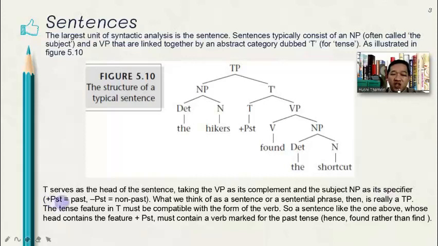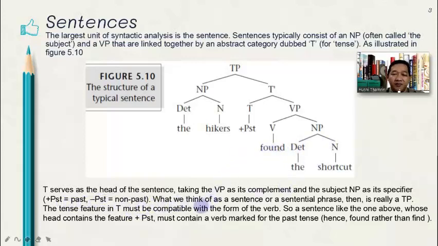Plus PST means past, into past form. Minus PST means non-past. Like found, it is past, and then find, non-past.